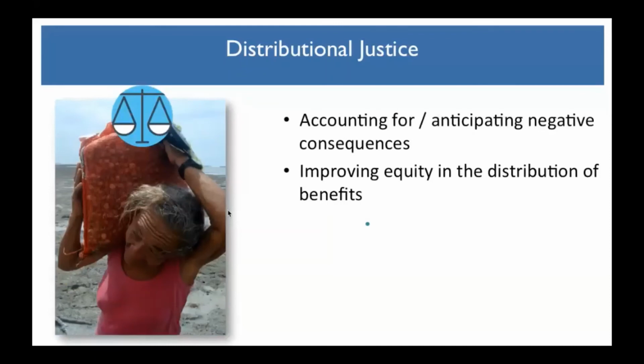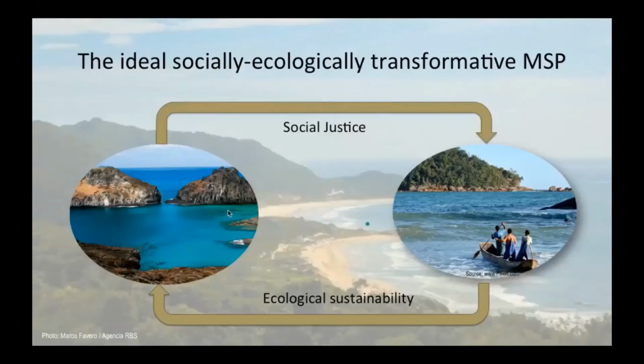So we know that even when we find perfect systems or systems that look perfect in small communities where they've been managing their own resources and it has worked sustainably, when we use a lens to see the details, we usually find that women, for example, are left behind. So why not use the MSP and include in the agenda the idea of promoting social equity, distribution of benefits of how we use the space. So my ideal social-ecologically transformative MSP would be the one that can deliver both.